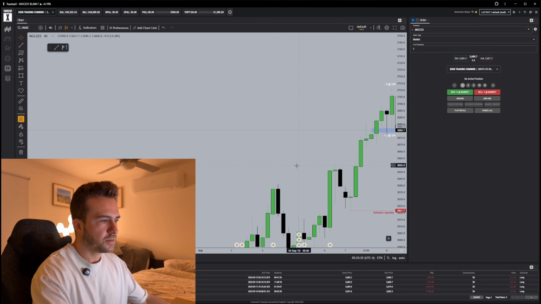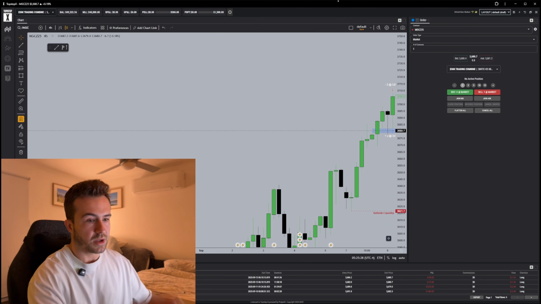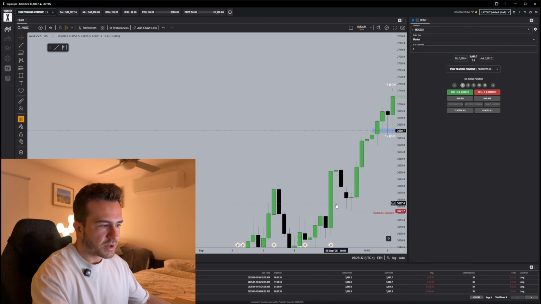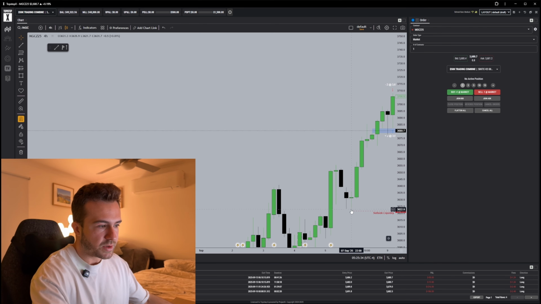That's what it looked like, essentially. When the price was live, printing, this is what it looked like, okay? On Monday, we were priced down inside this 4-hour fair value gap, and we displaced higher, and we left these fair value gaps open. Then we created another 4-hour fair value gap.